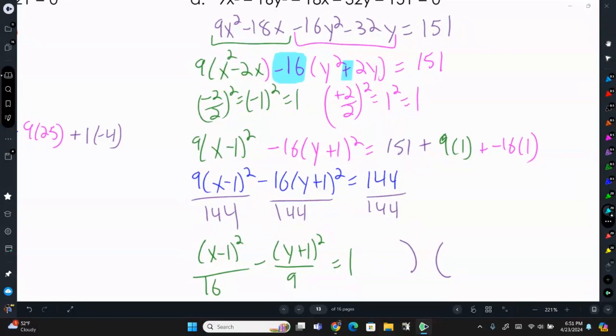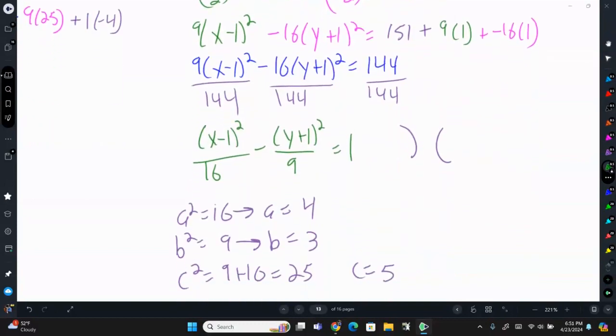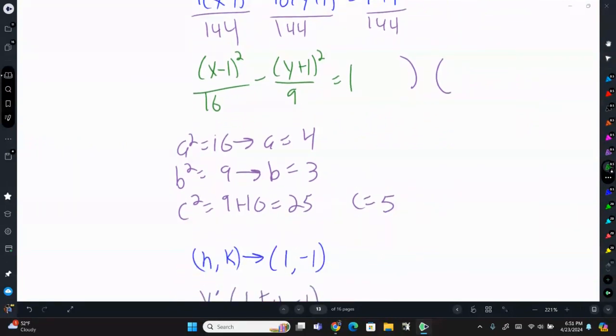So then I complete the square, and you can see that I get 144 on the right side, and this is a horizontal hyperbola because the x squared term is positive. So then I listed my a, b, and c values, and this time our c value was a whole number, so it was nice to have that for a change.